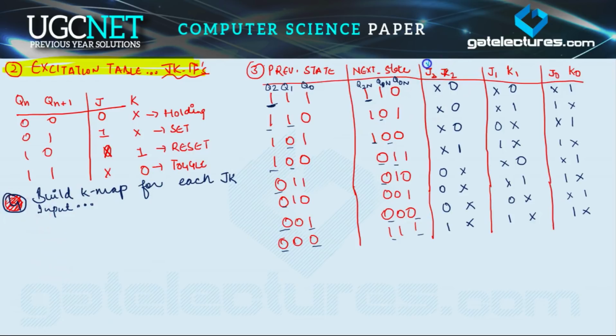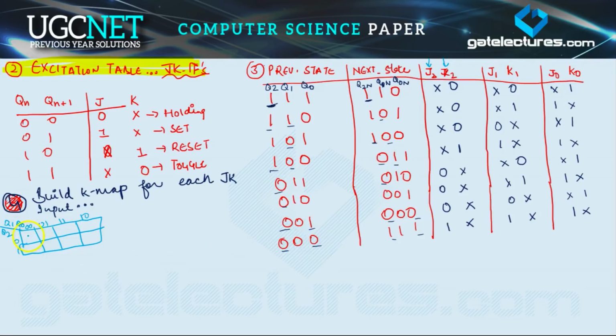First draw the K map for J2, then K2. So here I am writing Q1 and Q0, and here I am writing Q2. So this is 0, 0, 0, 1, 1, 1, 1, 0, and this is 0 and 1. Now see where J2 is 1. J2 is only 1 when Q2, Q1 and Q0 all are 0.